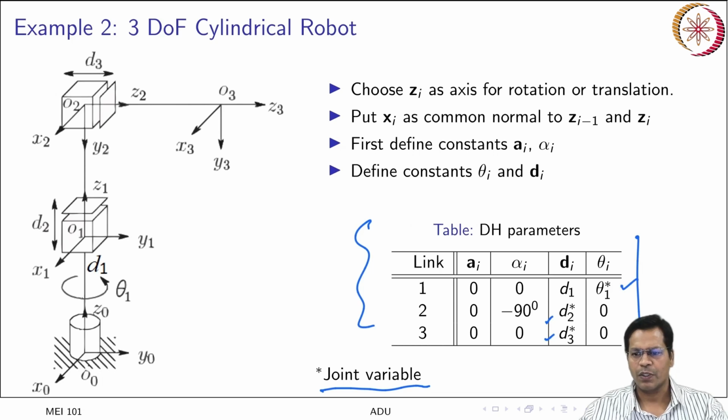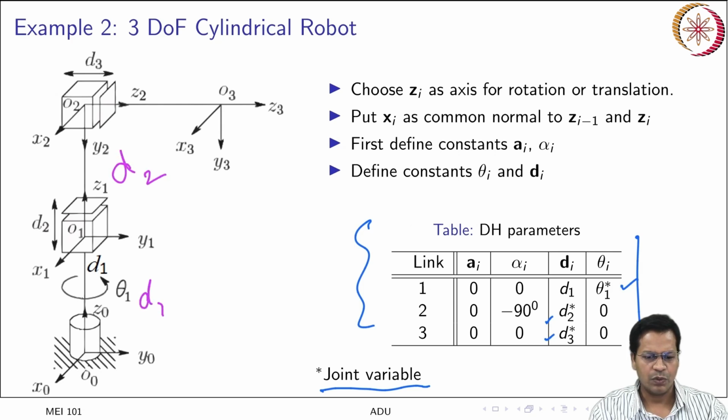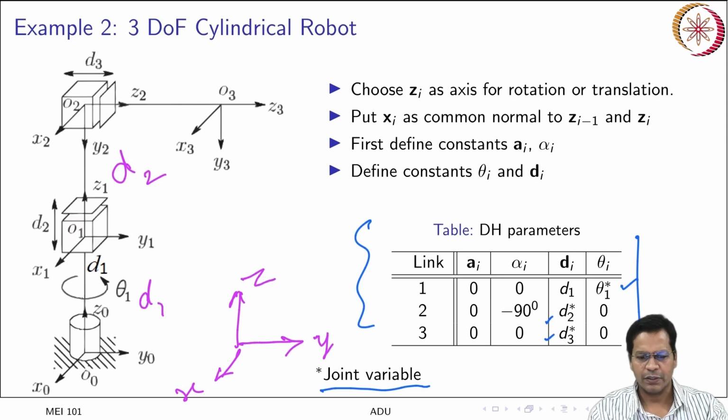If you remember, z was d1 plus d2. So if this is d1, this is d2, so the perpendicular distance along z, with this your y, this your x, and this your z, the total distance along z is d1 plus d2.